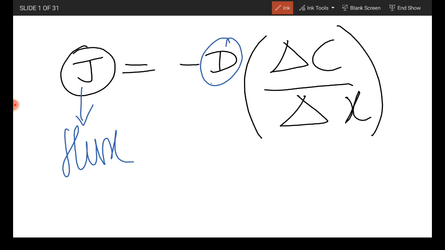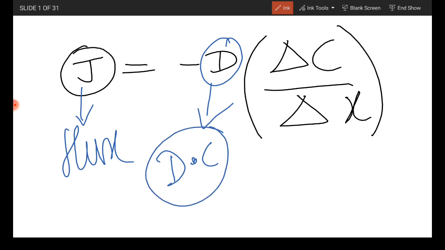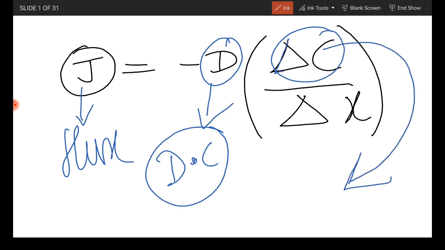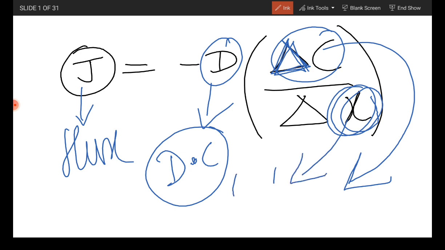D is the diffusion coefficient, the coefficient of diffusion. C is the concentration, and delta means the change, so delta C is the difference in concentration. X is the distance by which the two environments are separated.